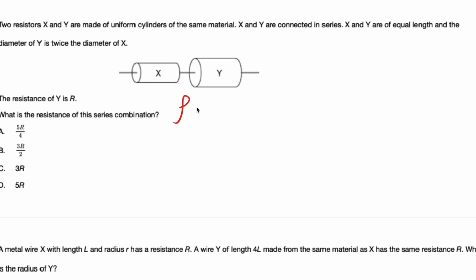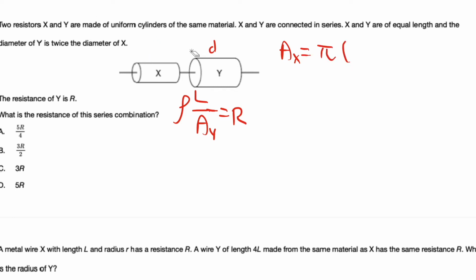So resistivity times length over area of Y is equal to R. And here has a diameter of D, then here is going to be a half D.